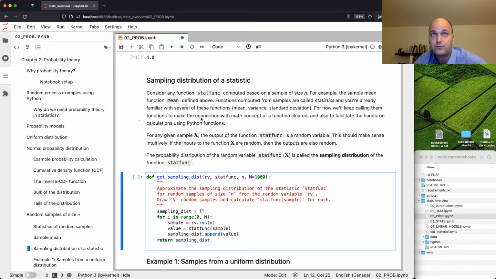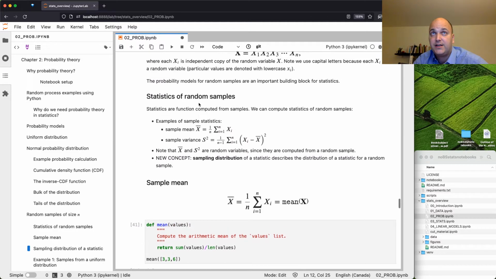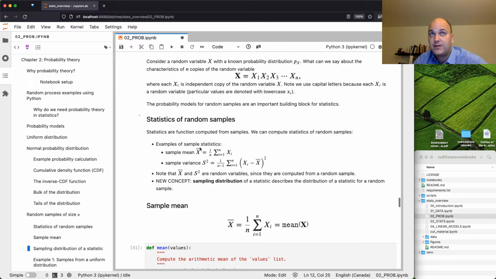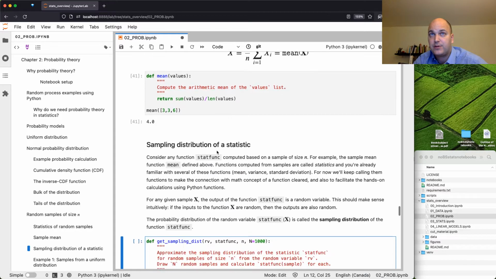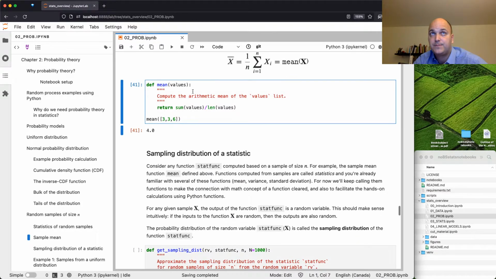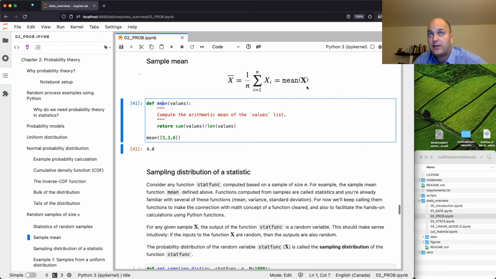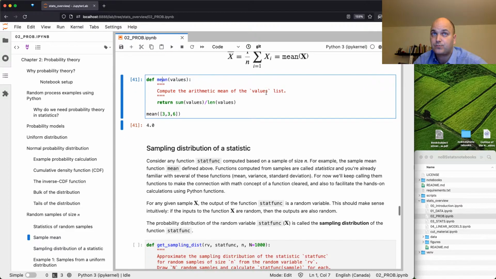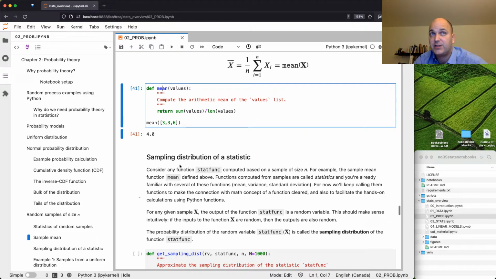So what did we say? Let's talk about this function mean. We want to evaluate it for a random sample. Here we're talking about the mean, but in general you can talk about the sampling distribution of any statistic.